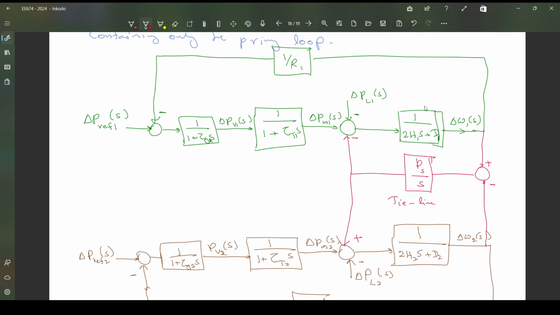So you can do a load change, maybe a sudden load change or a slow load change, and see how the tie line power flow will behave.